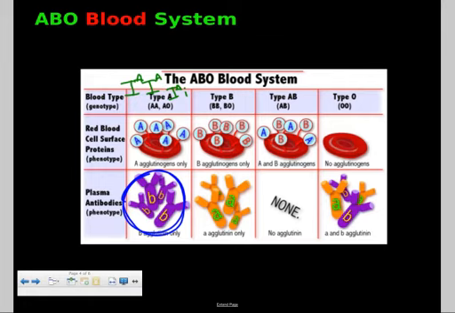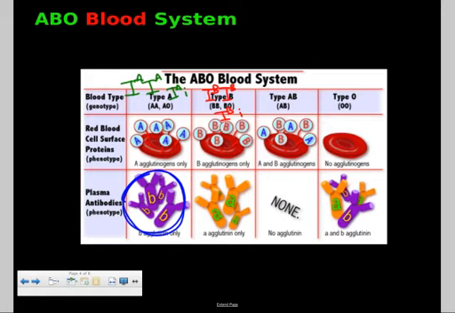Well, then we get into type B. Type B, once again, you could inherit two of the B alleles, one from each parent, or you could inherit one of the B alleles and one of the alleles that doesn't produce a protein. But as long as we have one of those B alleles, we have B proteins. This would be like having rainbow sprinkles on your donuts.